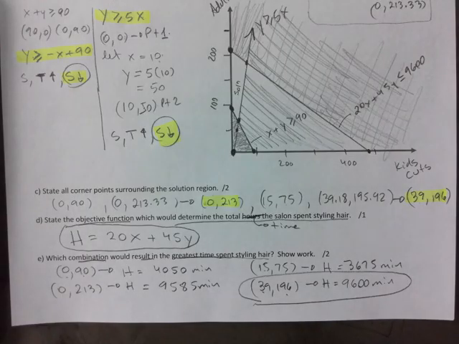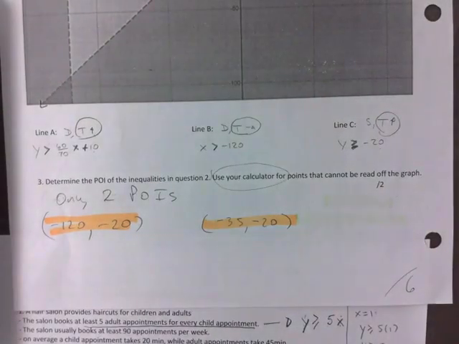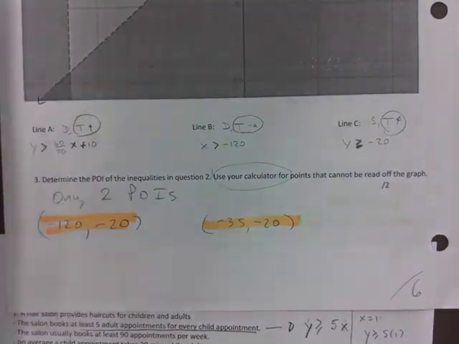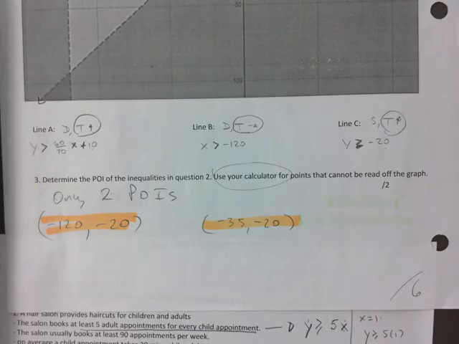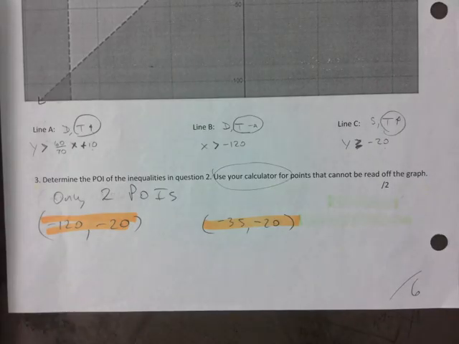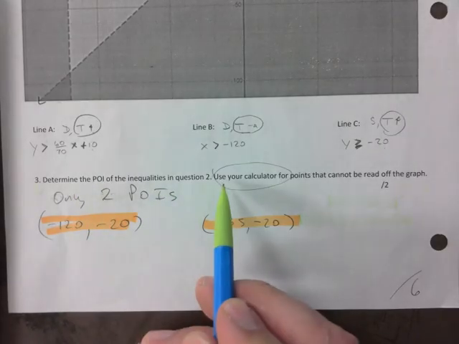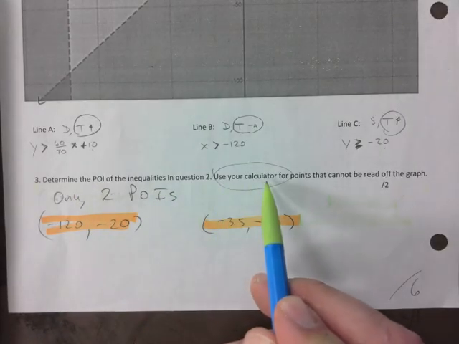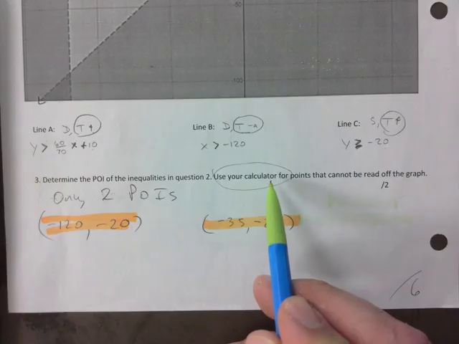The back side, I'm just going to let you see the key here. These are the three inequalities that you're supposed to have gotten. And the POIs, you're supposed to use your calculator to find them. There are only two POIs.